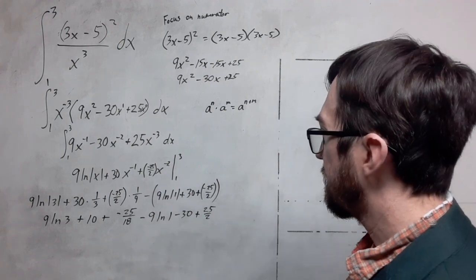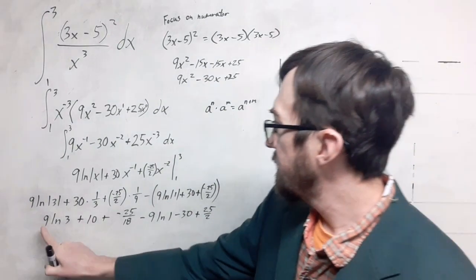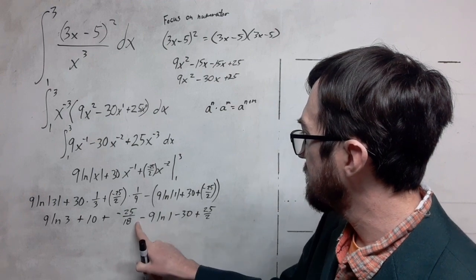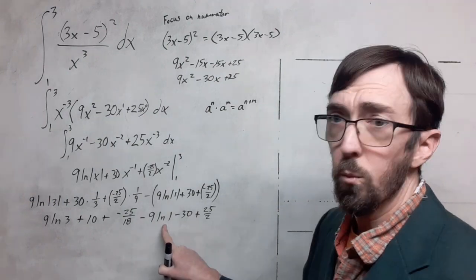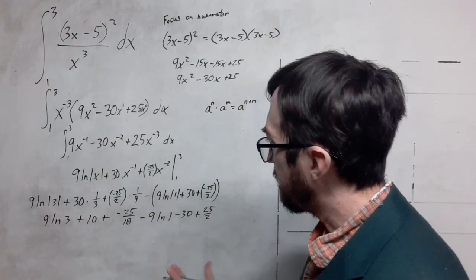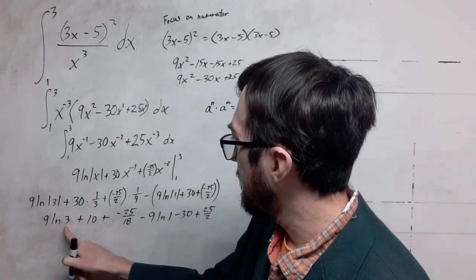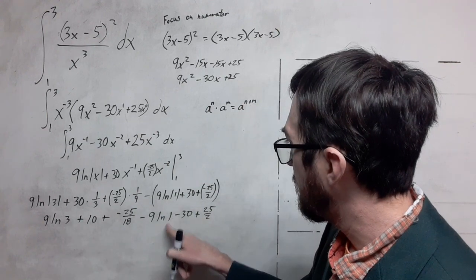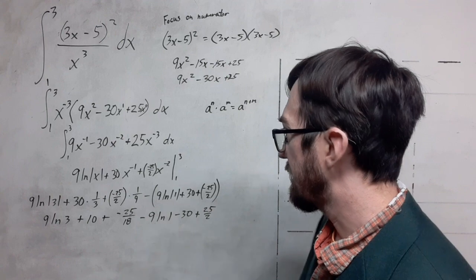All right, so there's the first set of simplifications. We have this 9 log 3 and the subtracting the 9 log 1 here. According to the properties of logarithms, we can take this input and this input and divide them. That's the negative here.